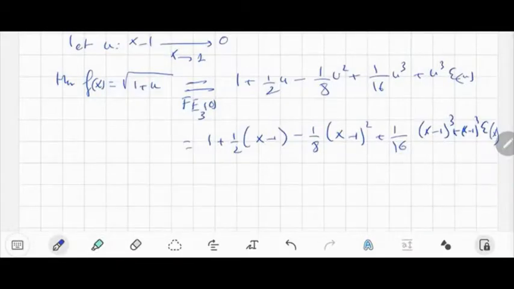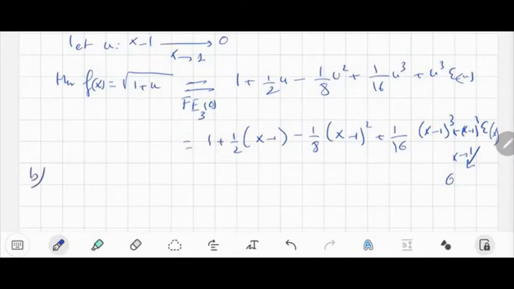So of course epsilon of x minus 1 or epsilon of x is the same thing. It's something that goes to 0 as x tends to 1. So epsilon of x tends to 0 as x tends to 1. So this is the finite expansion in the neighborhood of 1.